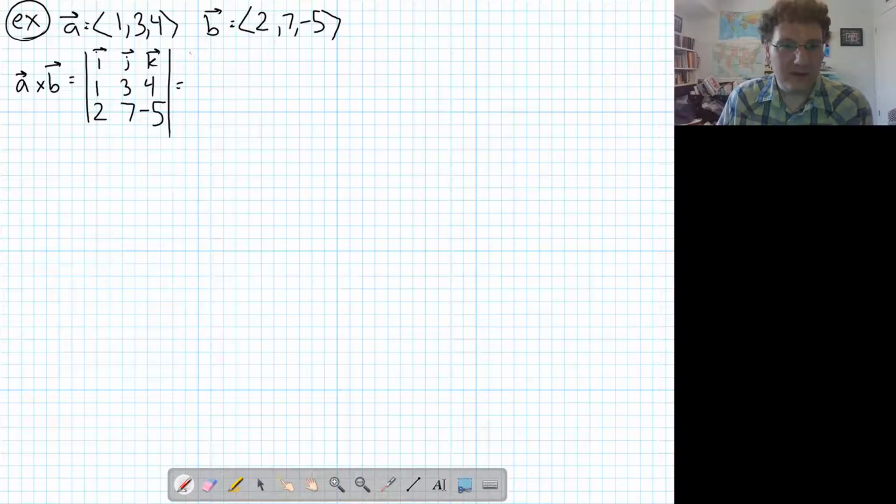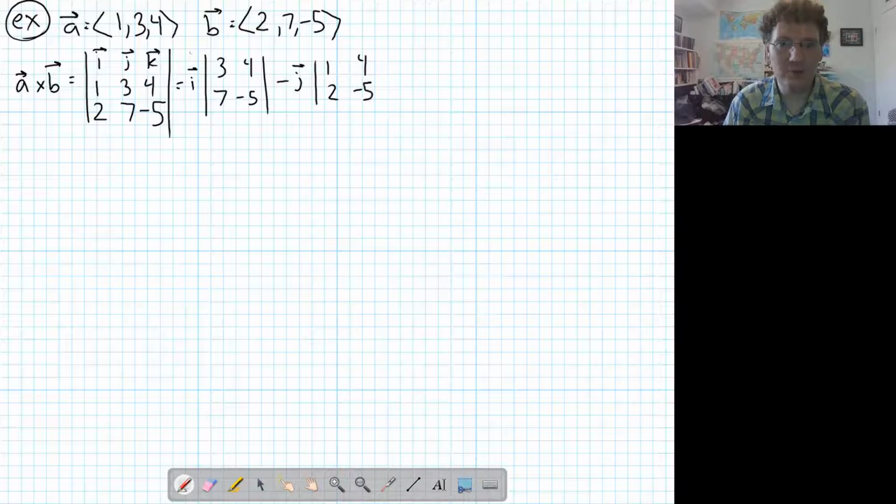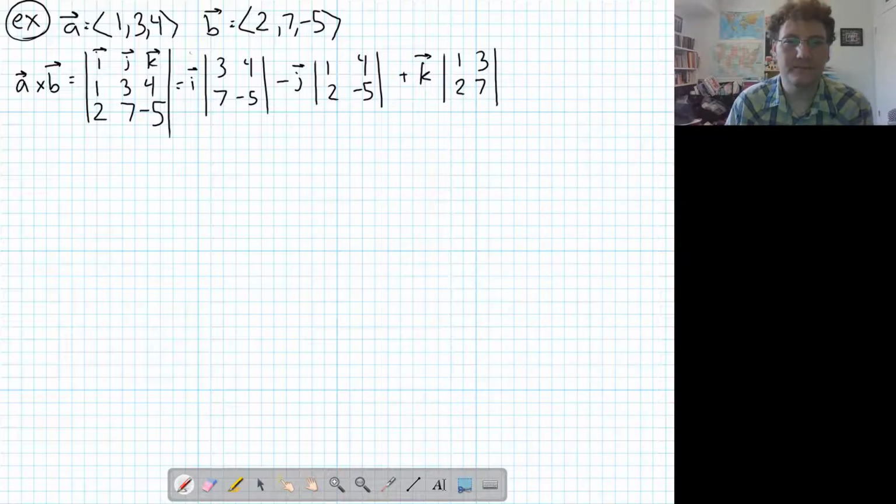Let's do the first method. It's the i vector times the determinant of 3, 4, 7, minus 5, minus the j vector times the determinant of 1, 4, 2, minus 5. So what I'm doing is leaving off the second column, plus the k vector times the determinant of a 1, 3, 2, 7 matrix.